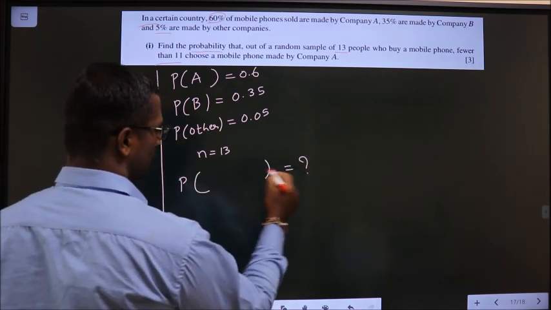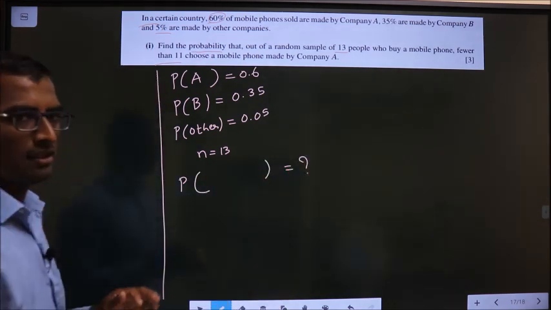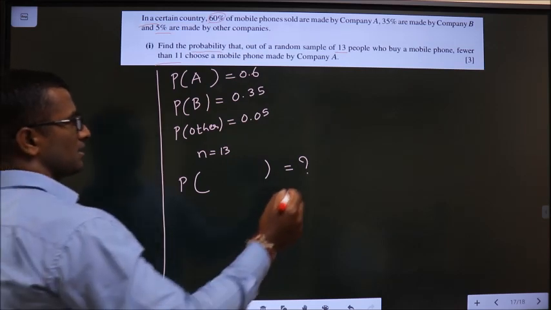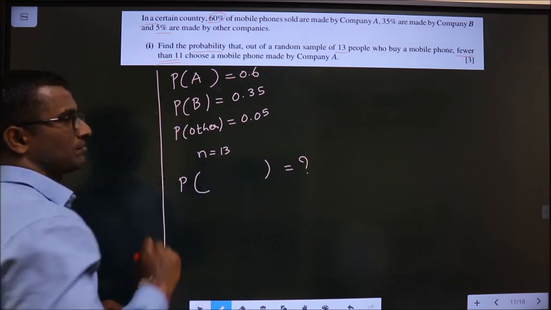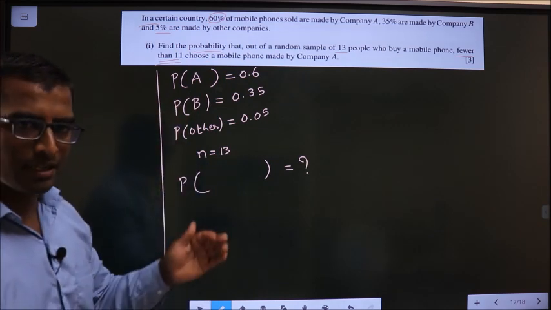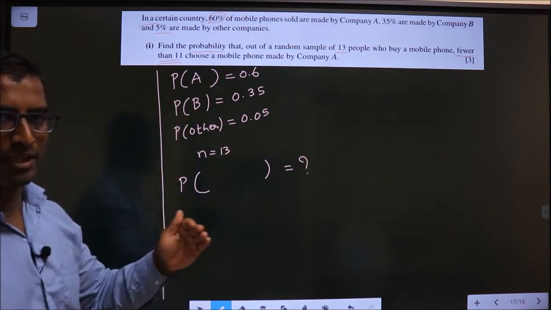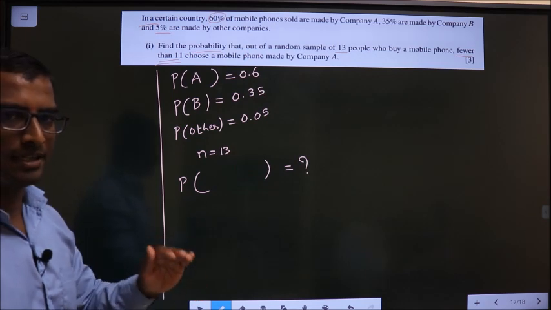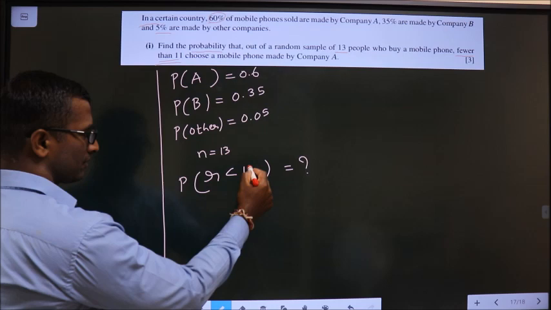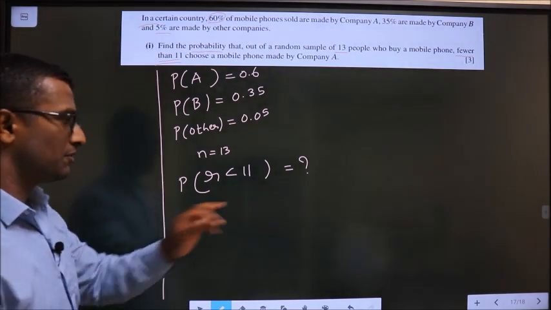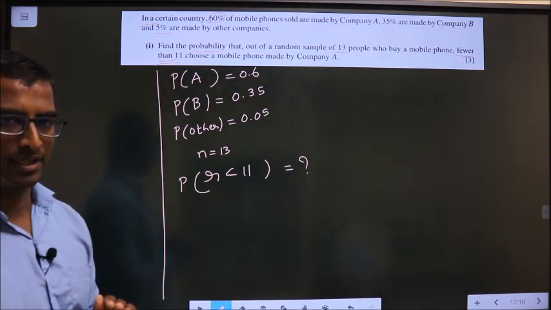So the probability of what condition? That will be decided by this one. Fewer than 11. So how do you represent it mathematically? Fewer than 11 means less than 11, and mathematically we write it in this way. So this is what we need to find out. Clear?